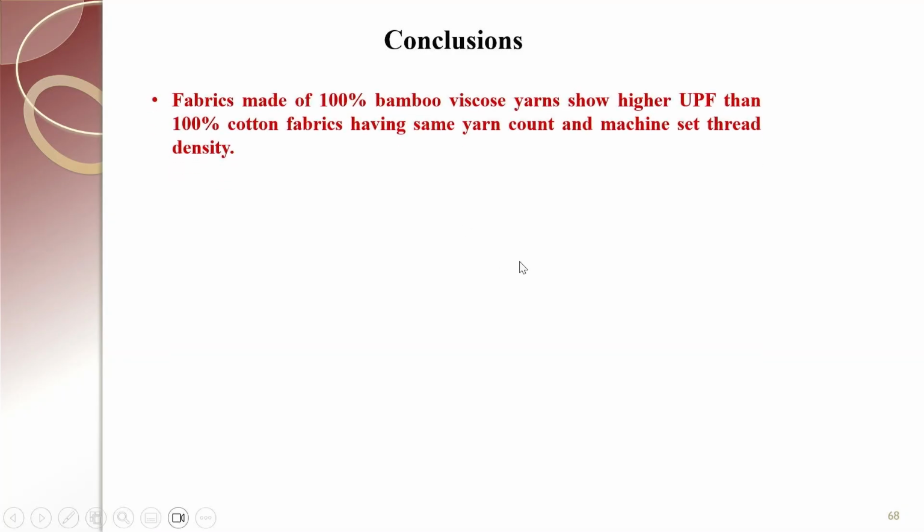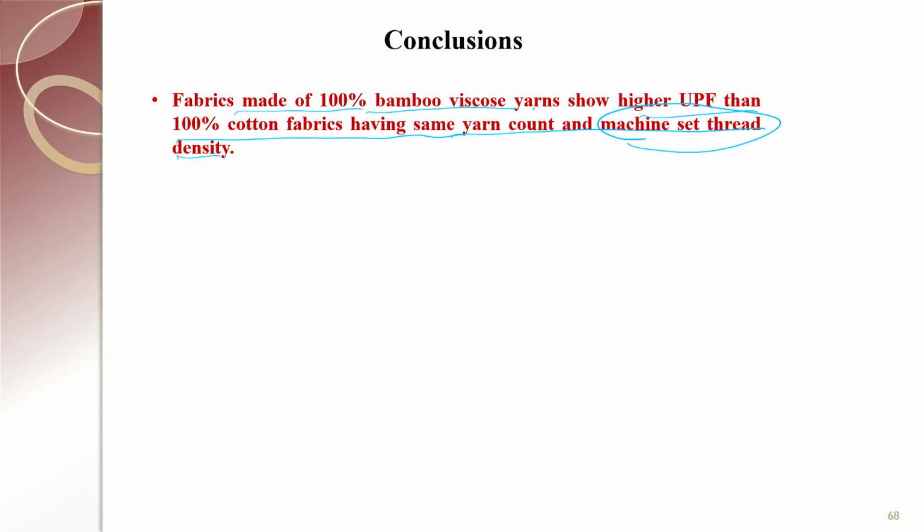So, what we concluded here: fabrics made of 100% bamboo viscose yarns show higher UPF than 100% cotton fabrics having the same yarn count and machine-set thread density. This is important, it is machine-set thread density, that is ends per inch, picks per inch, which we are setting at the machine, and that is how we normally make the mistake.